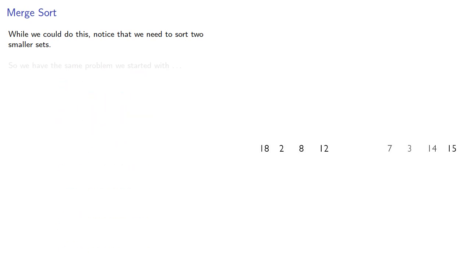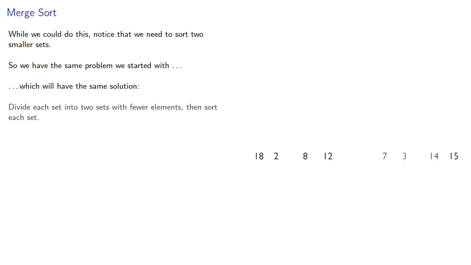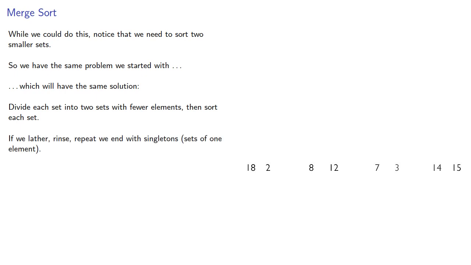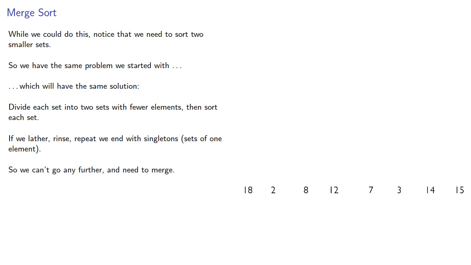So we have the same problem we started with, which will have the same solution. We'll divide each set into 2 sets with fewer elements, then sort each set. And if we lather, rinse, repeat, we end with singletons, sets of 1 element, so we can't go any further, and now we need to figure out the merge step.